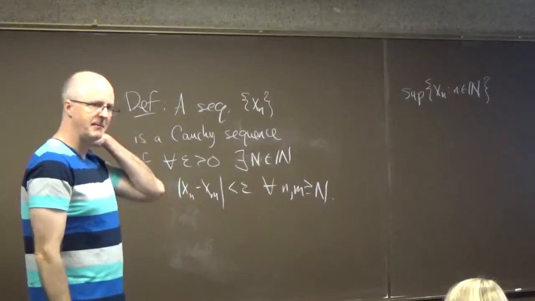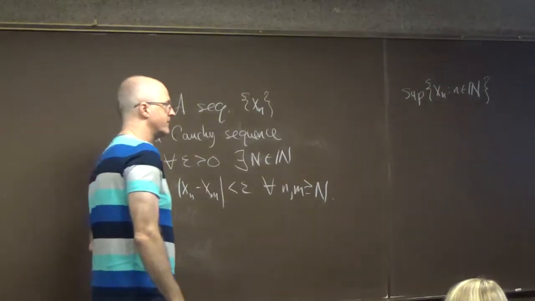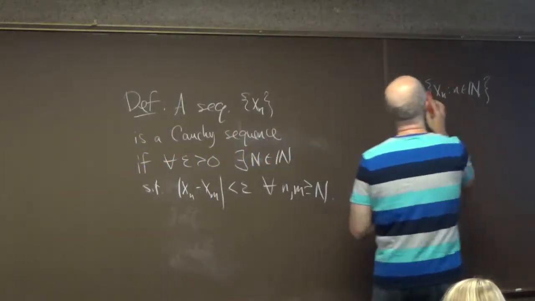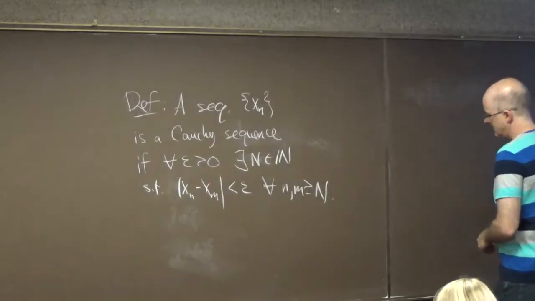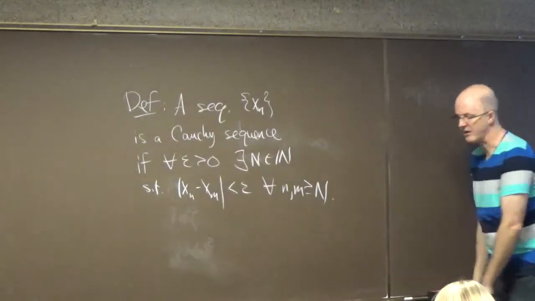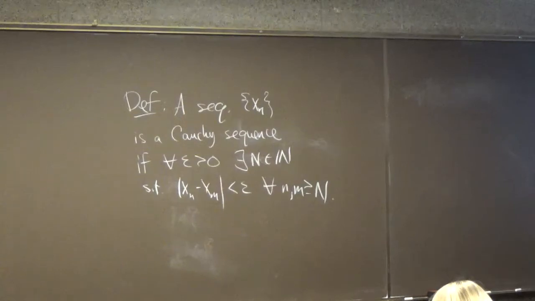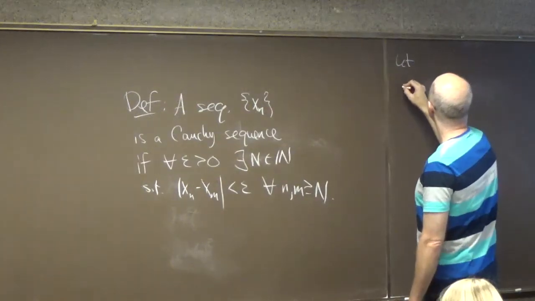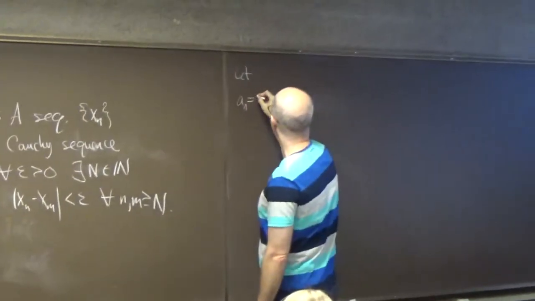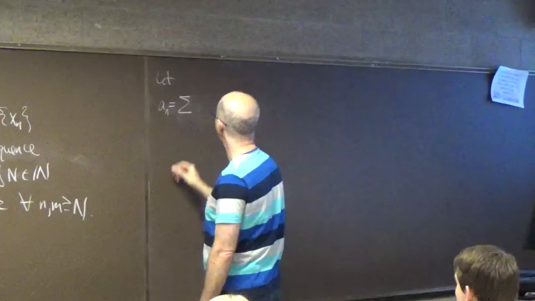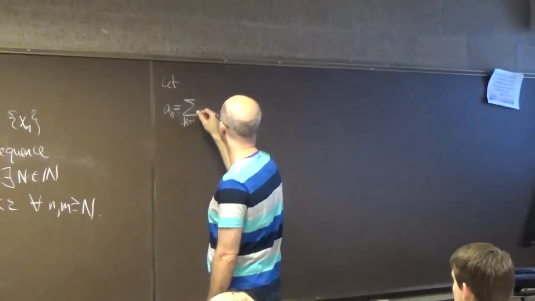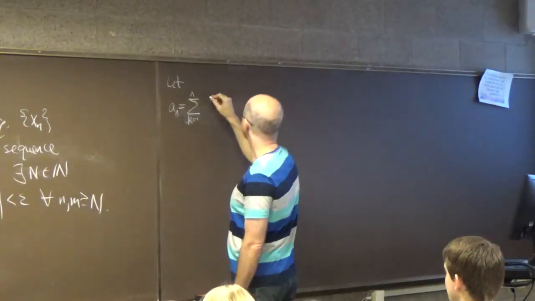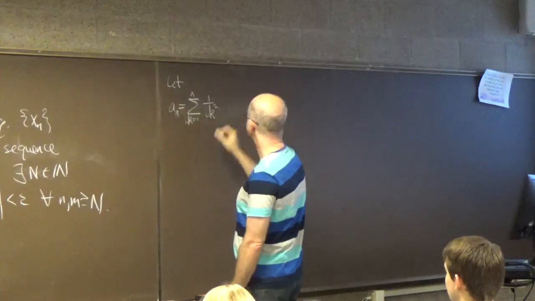The book does an example that I'd like to go over. An example of verifying that something's a Cauchy sequence where the sequence is generated with a summation. Here's the example they do. Let a sub n equal the sum, as k goes from 1 to n, of 1 over k squared.